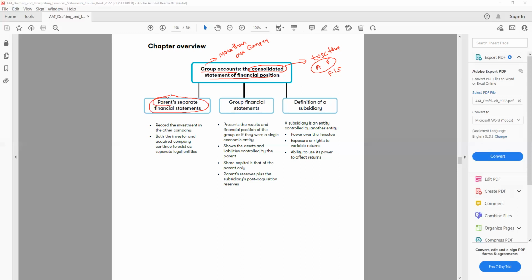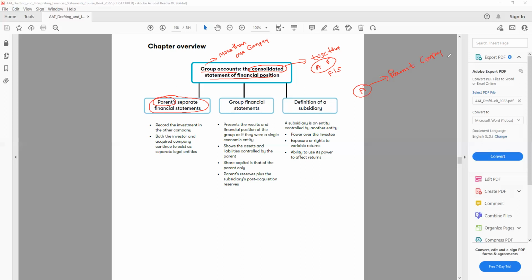Let's talk a little bit about the parent. Parent is the principal company, and under this principal company there might be a few subsidiary companies. For example, let's say we have company A, and company A is the parent company. Sometimes we call it the holding company.